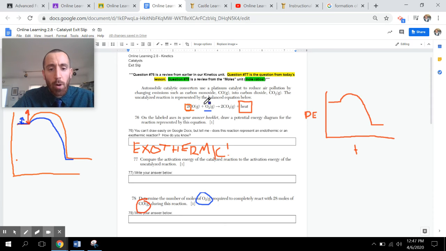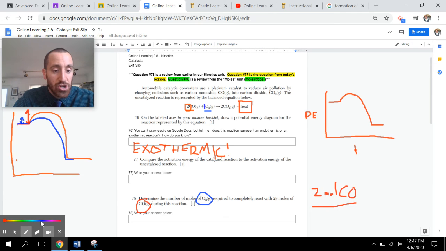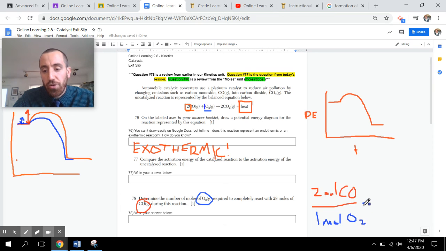So for every 2 moles of CO, excuse me, for every 2 moles of CO you're going to have 1 mole of O2. So what happens if you have 28 moles of CO? So your mole ratio, you have 2 moles of CO for every 1 mole of O2. Okay, so there's your mole ratio.